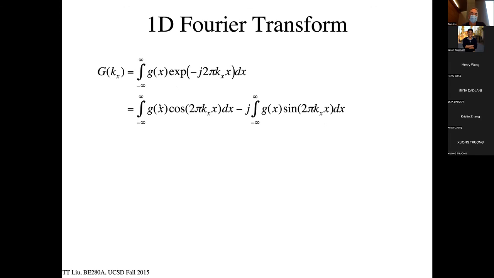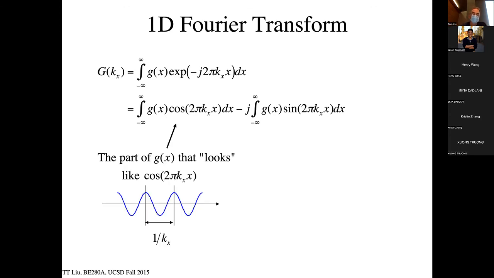You can kind of see how this is going to go, right? Say this function has a lot of similarity to cosine 2 pi kx x. If they travel together and the products are high, you're going to get a large number for that. So if it's similar to this cosine, you'll get a large value. If it's quite different, then that integral is going to just integrate out to 0, and there won't be a large value there.